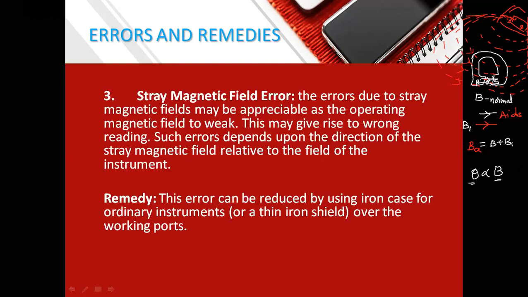Now, as we have discussed earlier, angle of deflection is proportional to B also, for the same current measurement. So if it has to give full scale deflection at I equals 5 ampere under normal conditions, with the influence of stray magnetic field, there will be full scale deflection at a current of just 4 amperes because of influence of stray magnetic field.